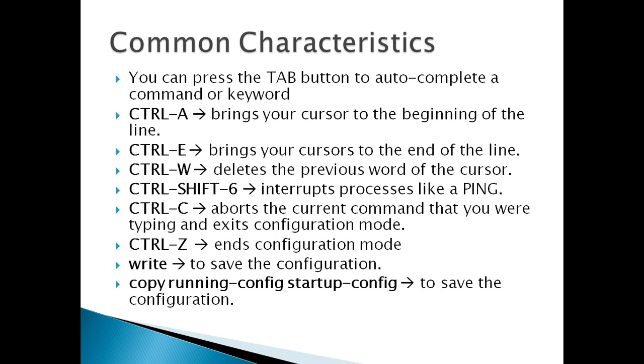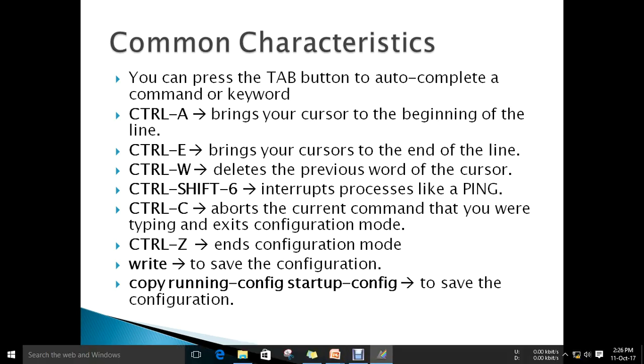Then Control A: if you press Control and A, it brings the cursor to the beginning of a line. If you are typing show ip interface brief in some other mode, such as interface mode or sub interface mode, you can just press Control A. It will bring the cursor to the beginning of the line, and then you can type do.